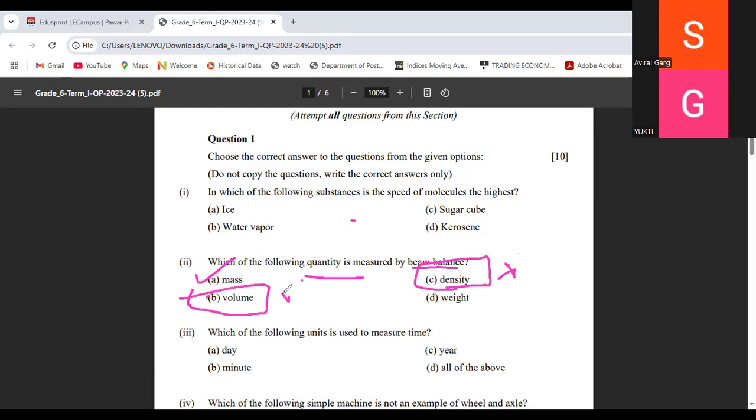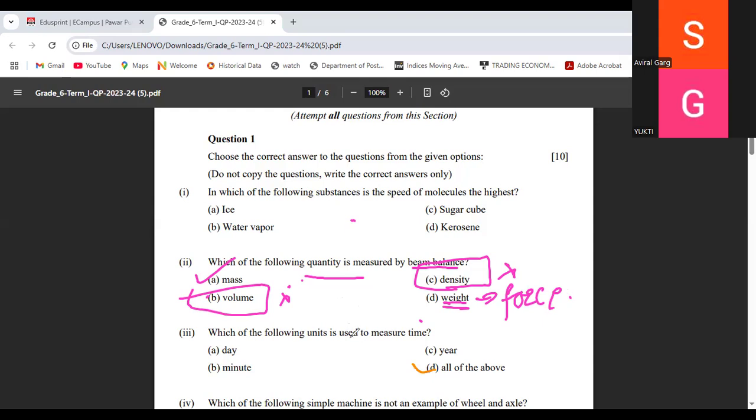Weight and mass are two different things, okay? This we have already discussed. Weight is force, and force cannot be measured by beam balance. Weight is the force by which Earth attracts you to itself. And mass is the amount of matter in your body. That is why the amount of matter in your body can be measured by the beam balance.